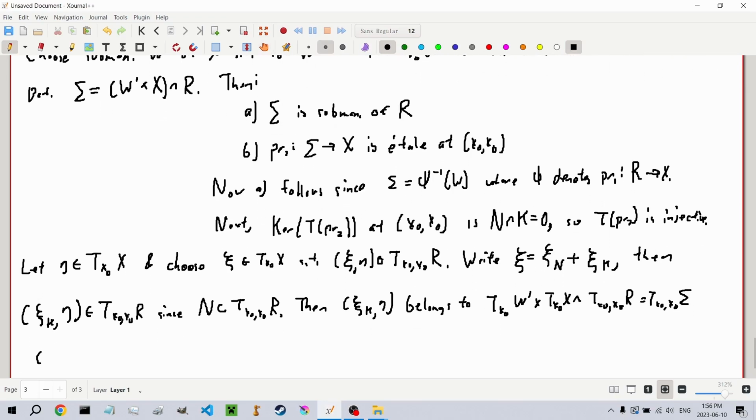And this element maps onto eta. So T of our second projection is also surjective.